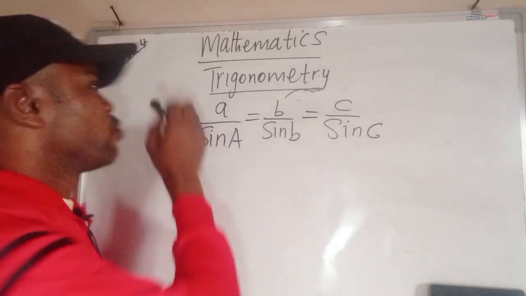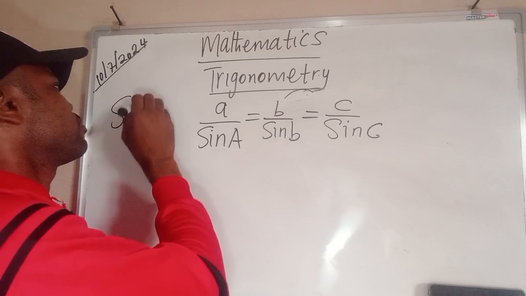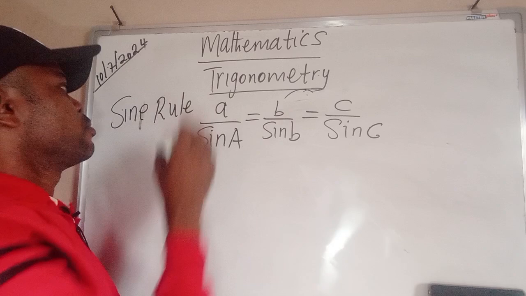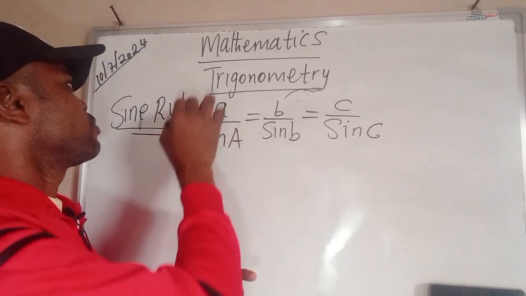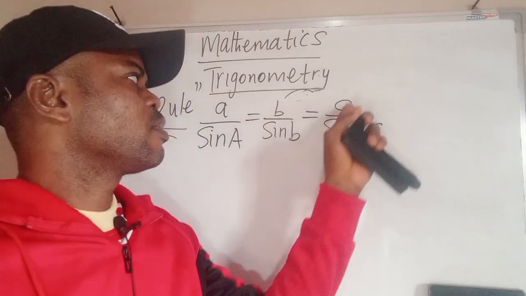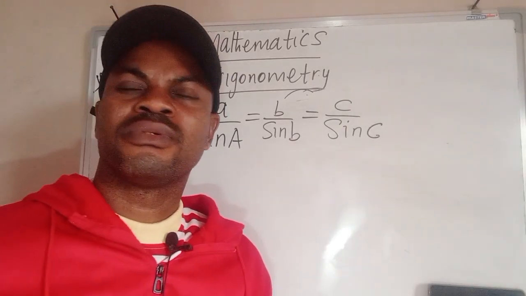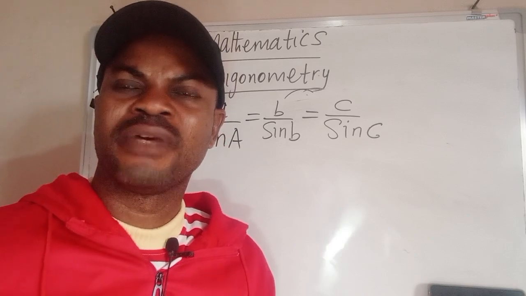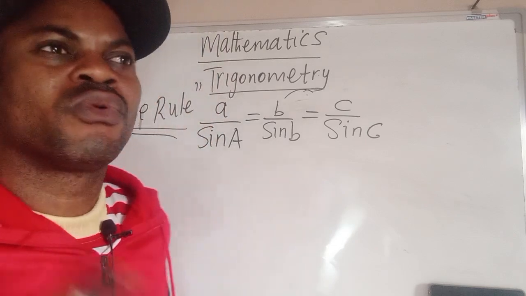This is the sine rule, saying that a over sine A is equal to b over sine B is equal to c over sine C. But not all the obtuse and acute triangles can be resolved by the sine rule. And when it cannot resolve it, what then do you use? You use what we call the cosine rule.